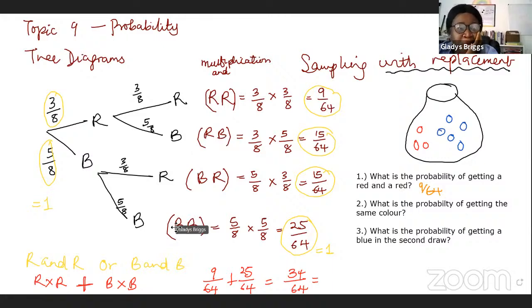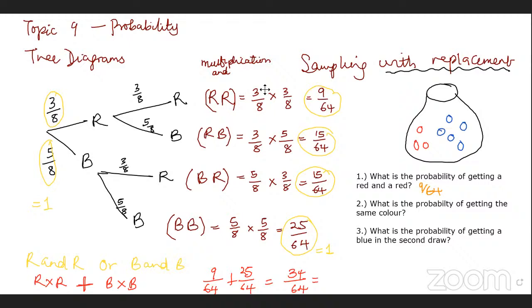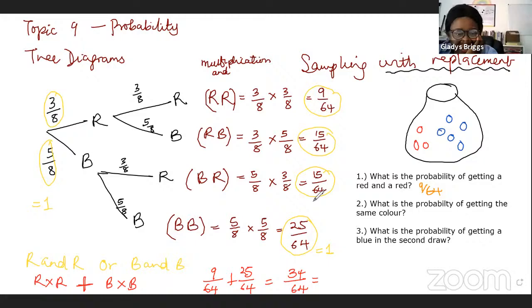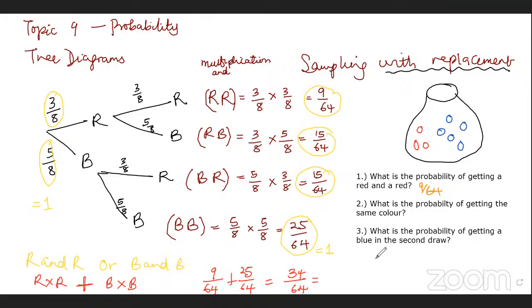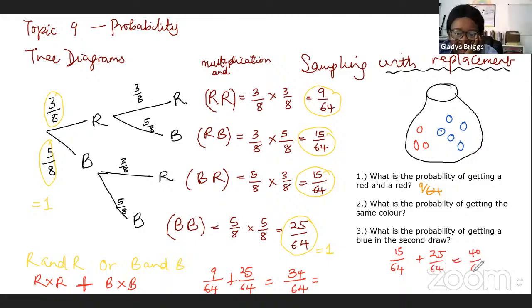Yeah, that's right. So 15 over 64, add 25 over 64, which is equal to 40 over 64.